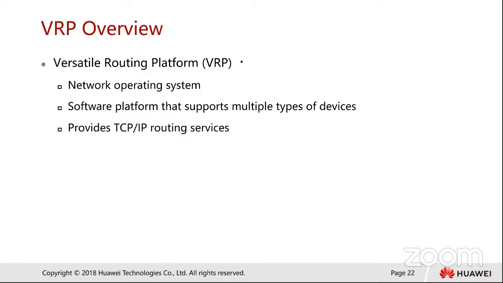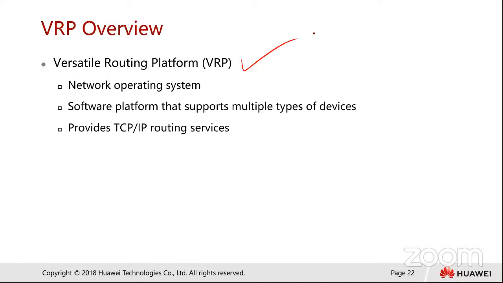Someone was asking me about VRP. VRP in full is Versatile Routing Platform, and it's the operating system for Huawei's routers, switches, and service gateways to implement network access and interconnection services.